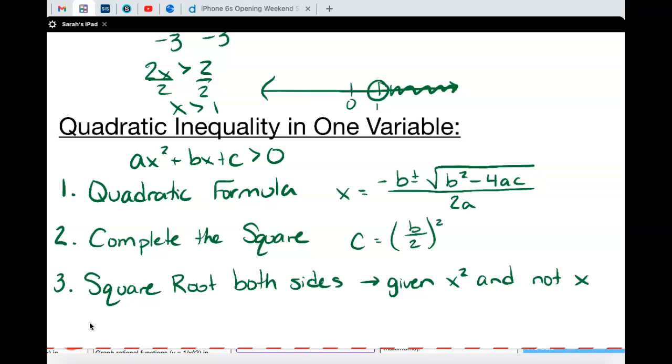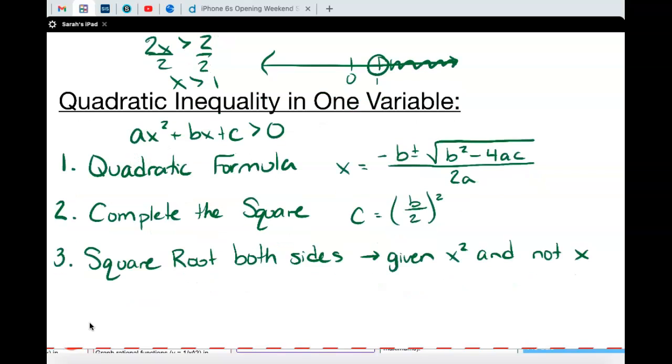If you have x squared equals 4, you root both sides and get plus or minus 2. So that one's kind of nice. Square root both sides, I would say that's one of the easier methods, but it doesn't work all the time. You have to have a specific quadratic, unfortunately. If we could square root both sides, that's just awesome.